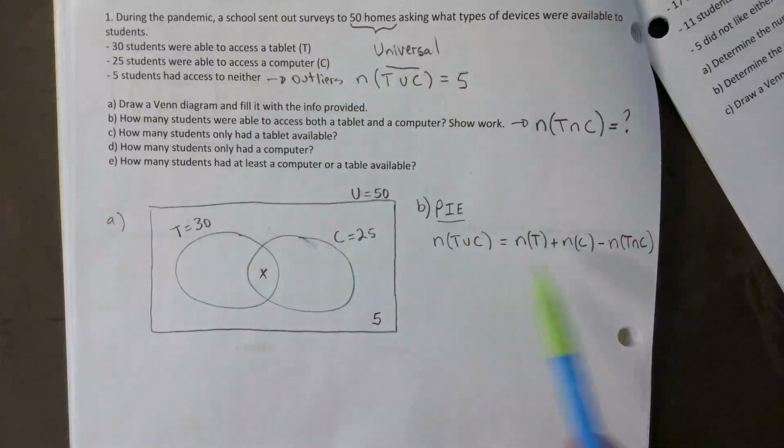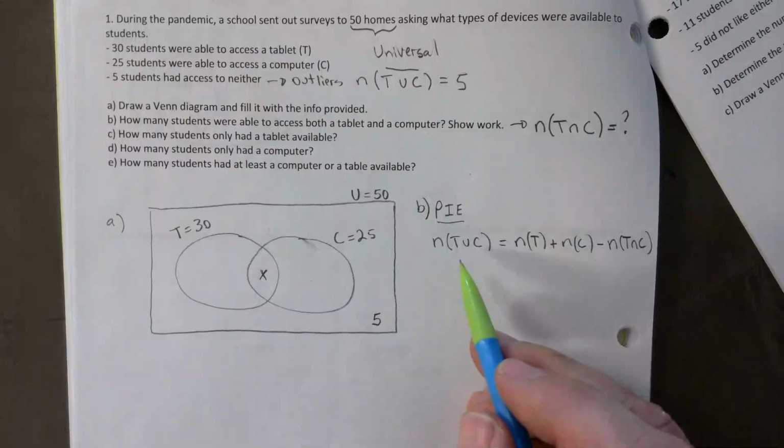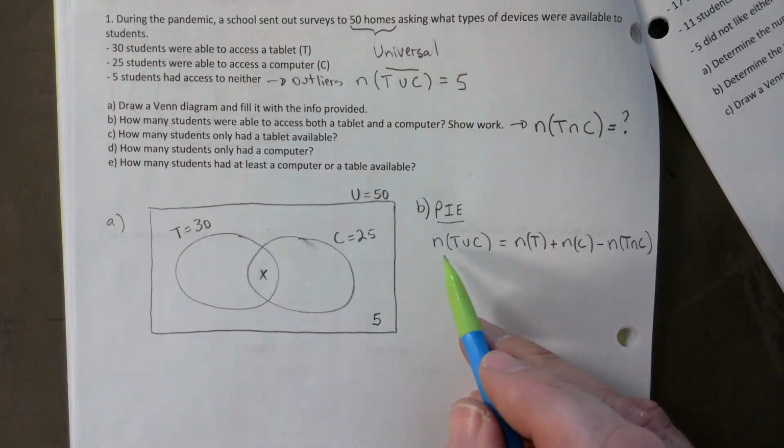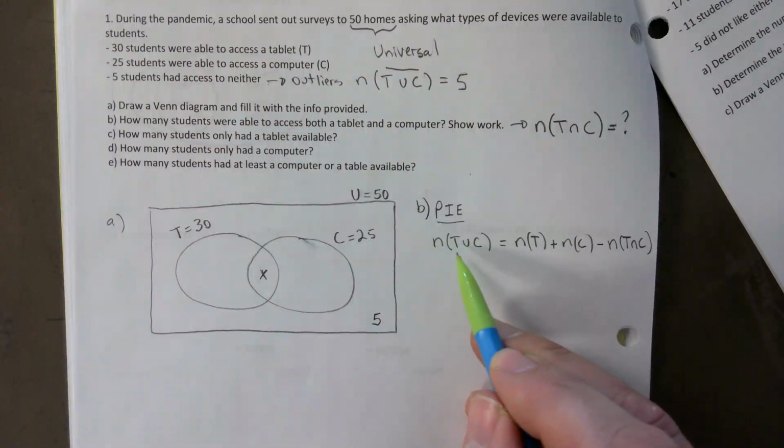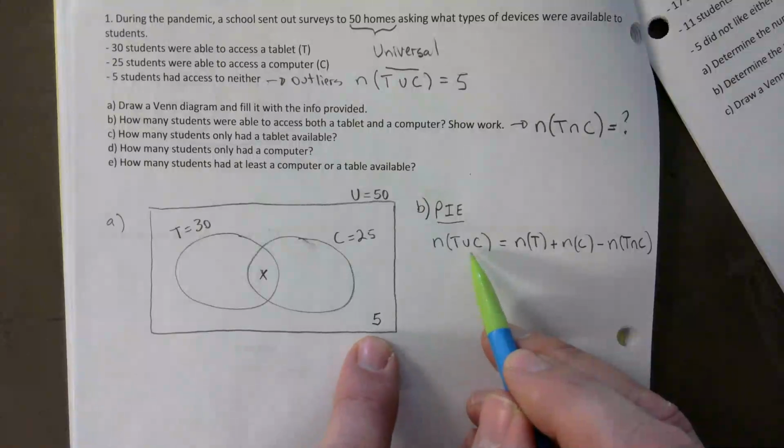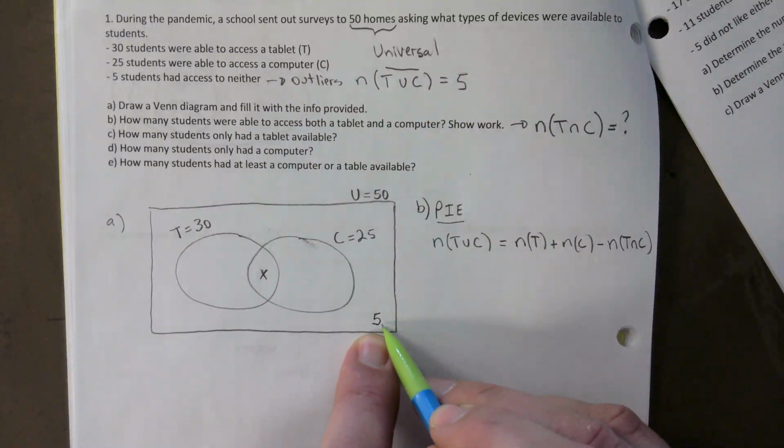Which one am I using of the 3 that I gave you before? It's the bottom one. It's the one that I call the most popular one. Okay. So this part right here, the union, never includes any outliers. Pay attention to that part.